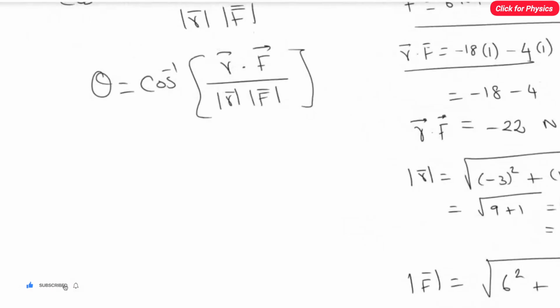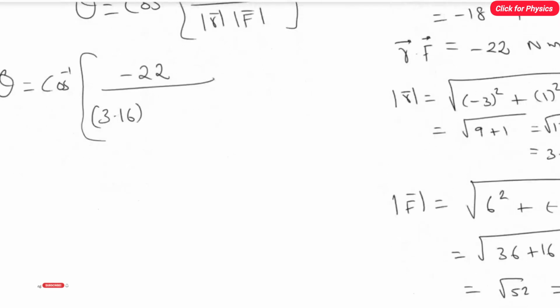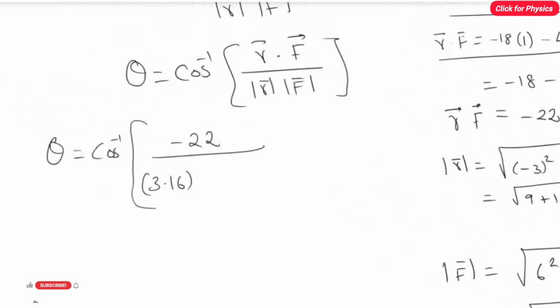Now I'm going to substitute all these values in this formula, one by one. Theta is equal to cosine inverse of, what is the value of r dot f? We got minus 22. Then the r vector magnitude is 3.16, and the f vector magnitude we got is 7.21.